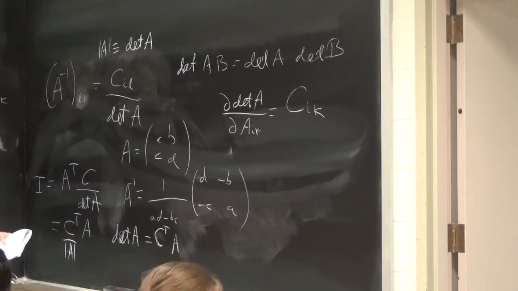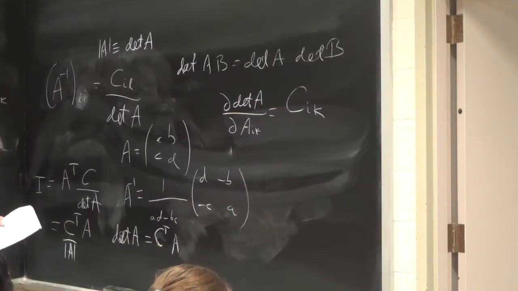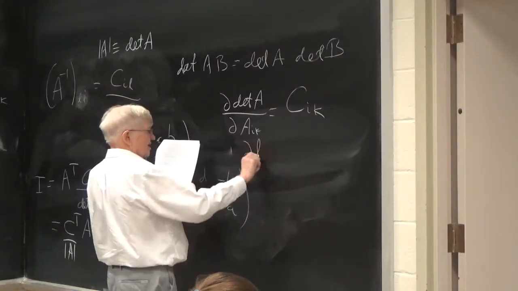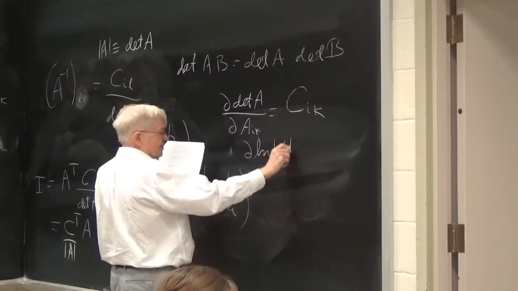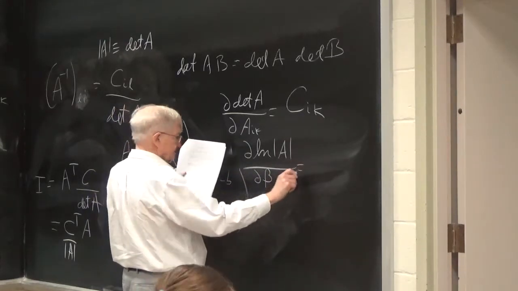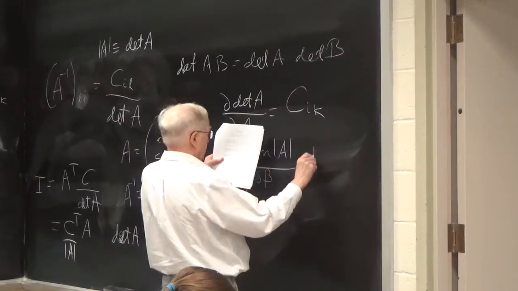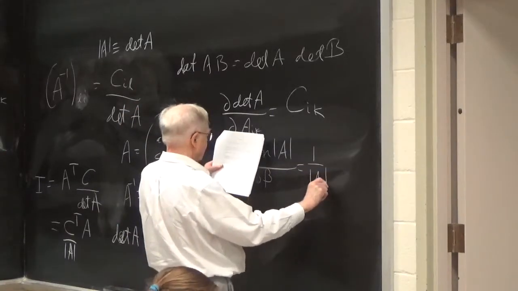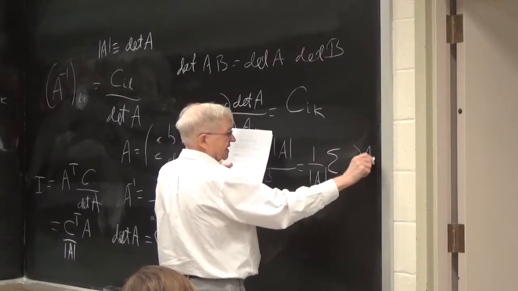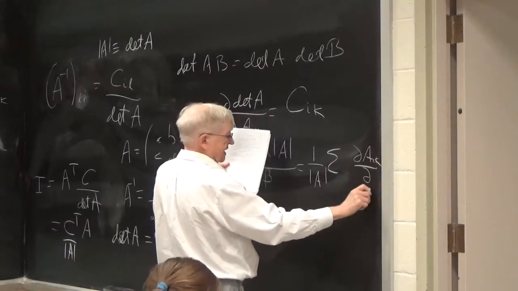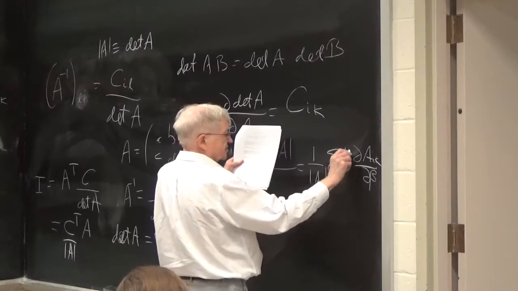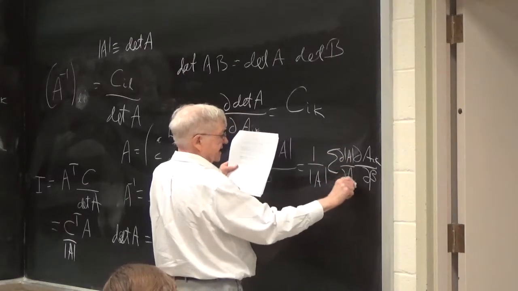And so there's a formula that is useful every now and then, and it's the derivative of the logarithm of the determinant of A with respect to anything is 1 over the determinant of A sum, and it's partial of the determinant with respect to a_ik, times partial a_ik partial beta, say, whatever that might be.